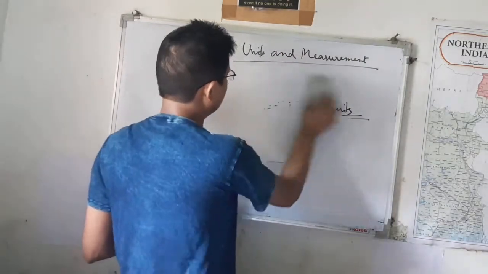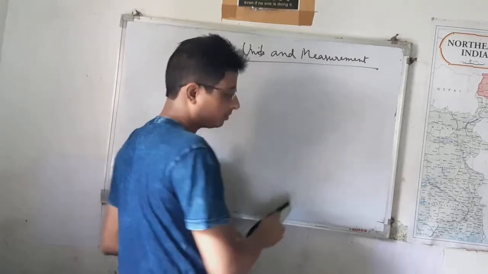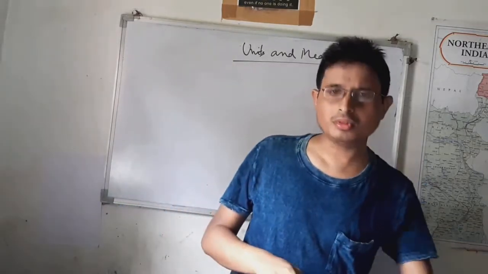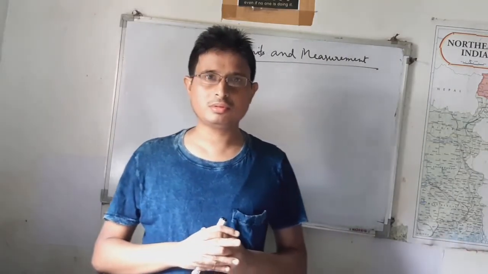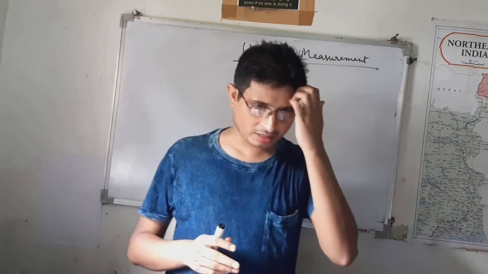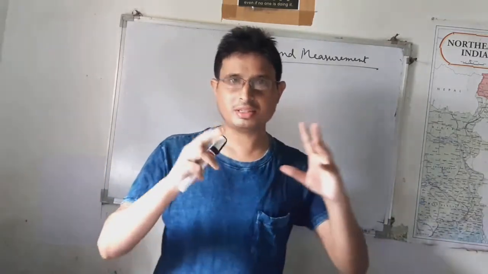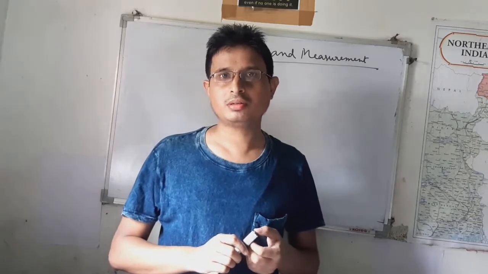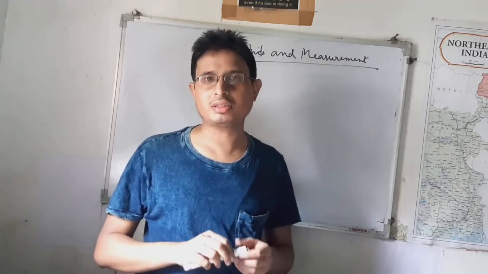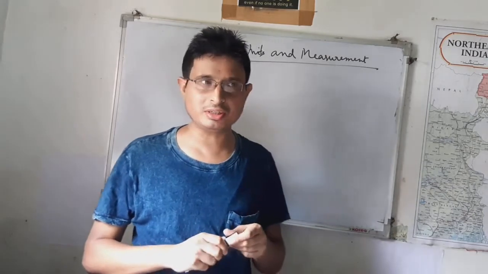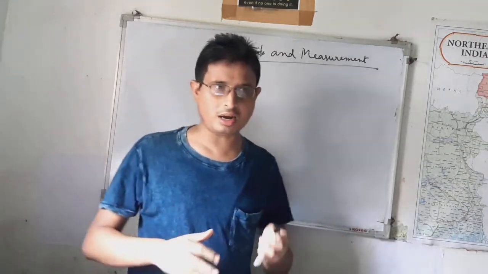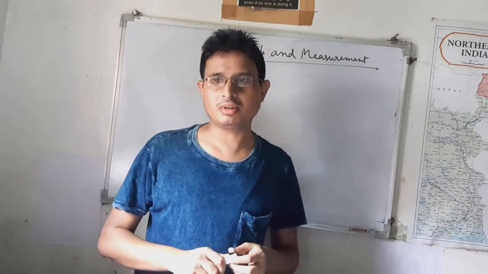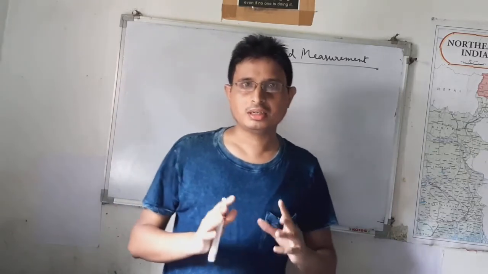Now, these physical quantities can be subdivided into two types. In my earlier class on vectors and scalars, I classified physical quantities according to the presence of direction, as vectors and scalars. Here we will not classify them according to direction, but according to how we can measure those physical quantities. Suppose I want to measure the mass of a system.